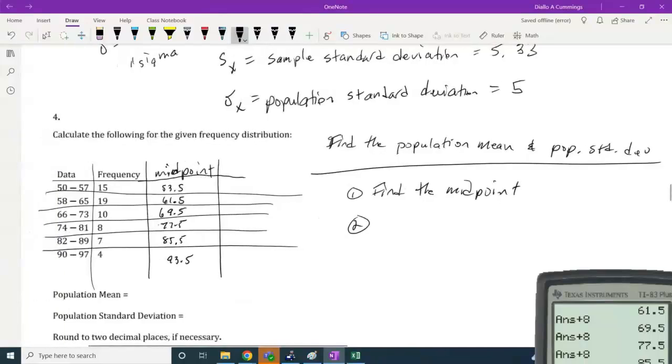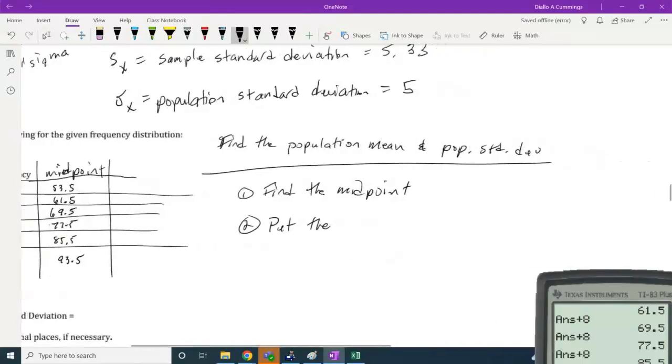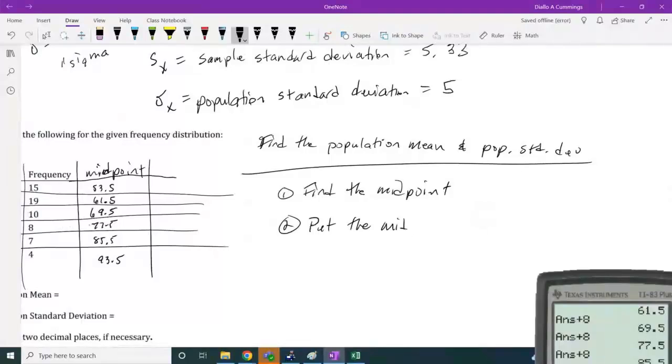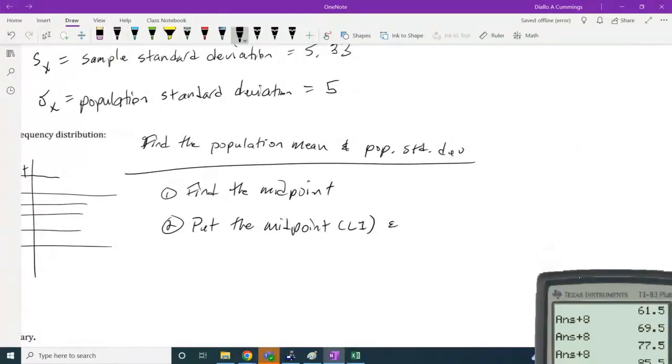The second thing I have to do is put the midpoint in the calculator as list 1 and the frequency as list 2.